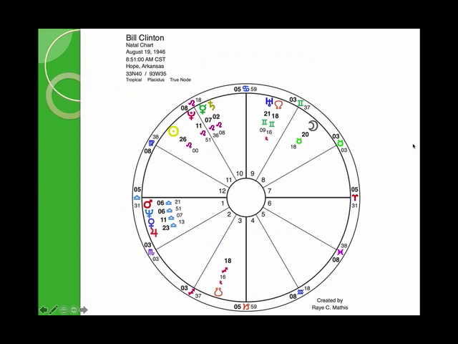Now, you look at Bill Clinton's chart and you can immediately see that it's got to have some sextiles because here are the planets. All he has essentially, except for one planet in Earth, are fire and air. So he's got air, fire, air.